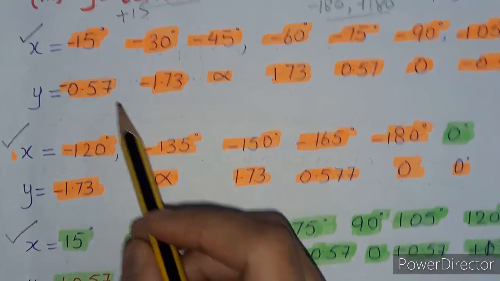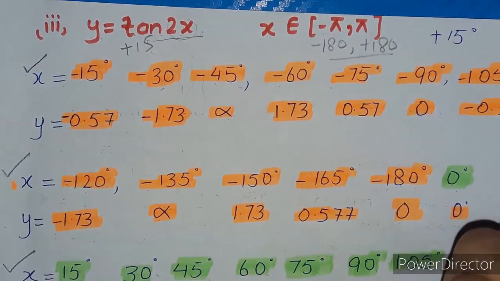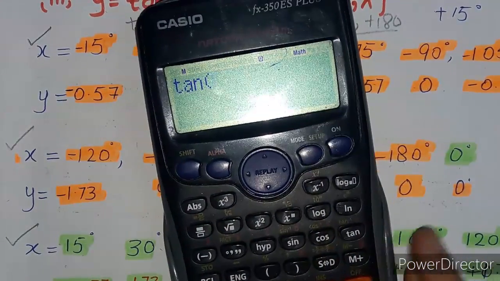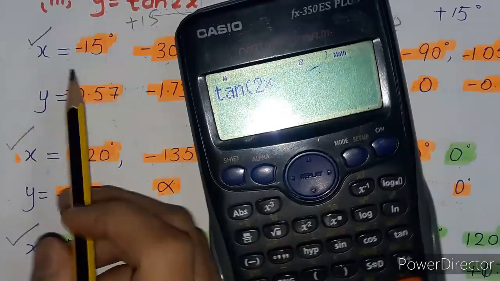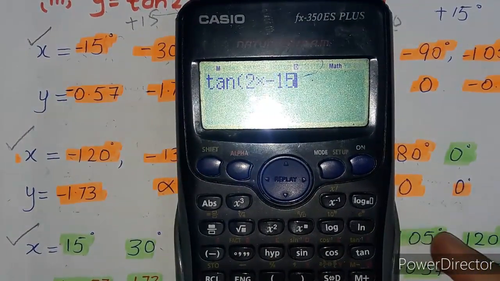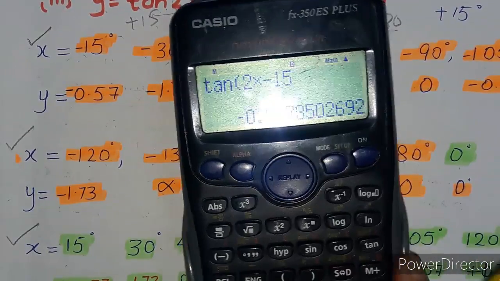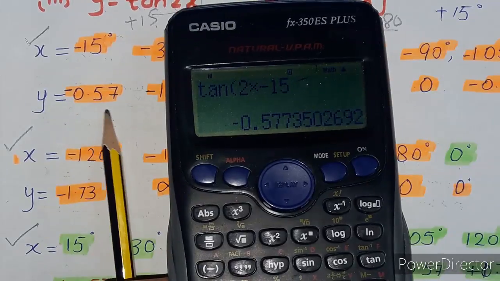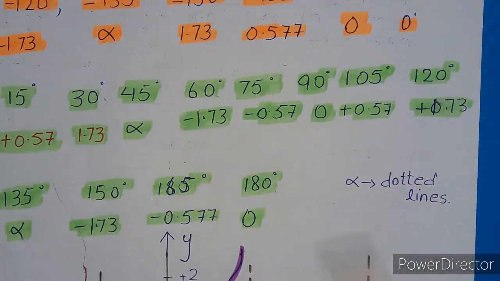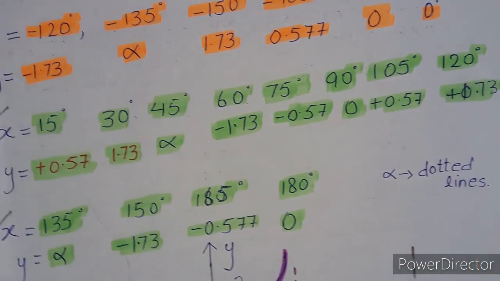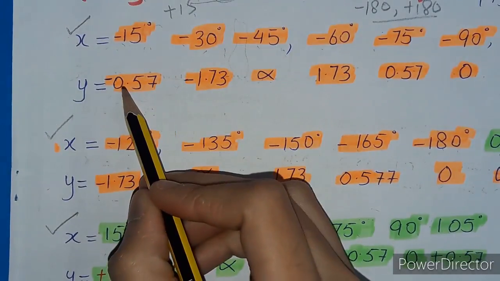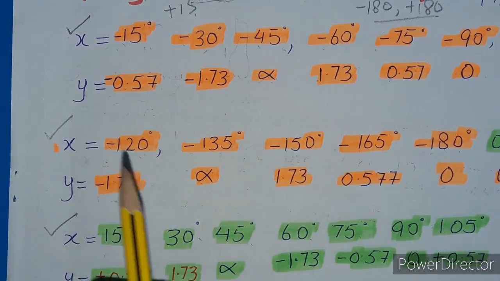Now we have to find the value of y. How can we find it? Use the calculator: tan of 2 multiplied by minus 15 degrees. Write minus 15 and we get minus 0.57, and for positive 15 it would be plus 0.57.